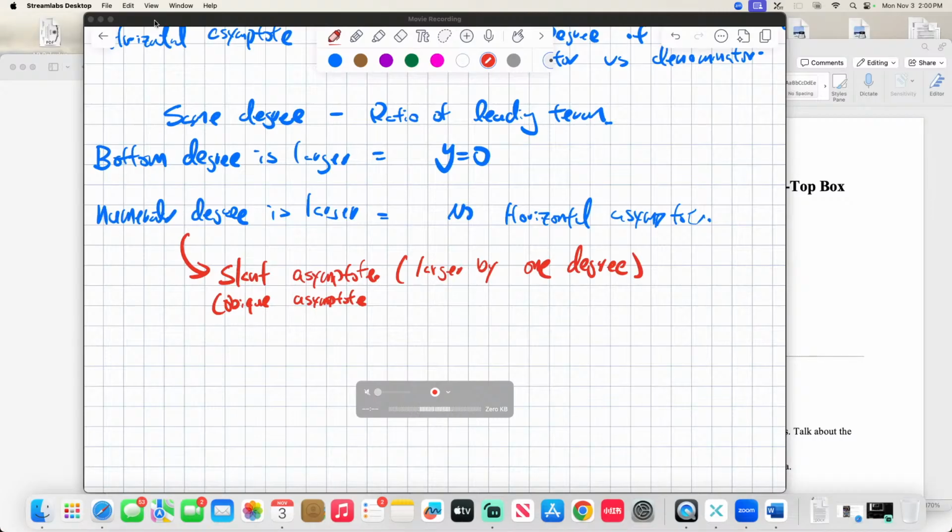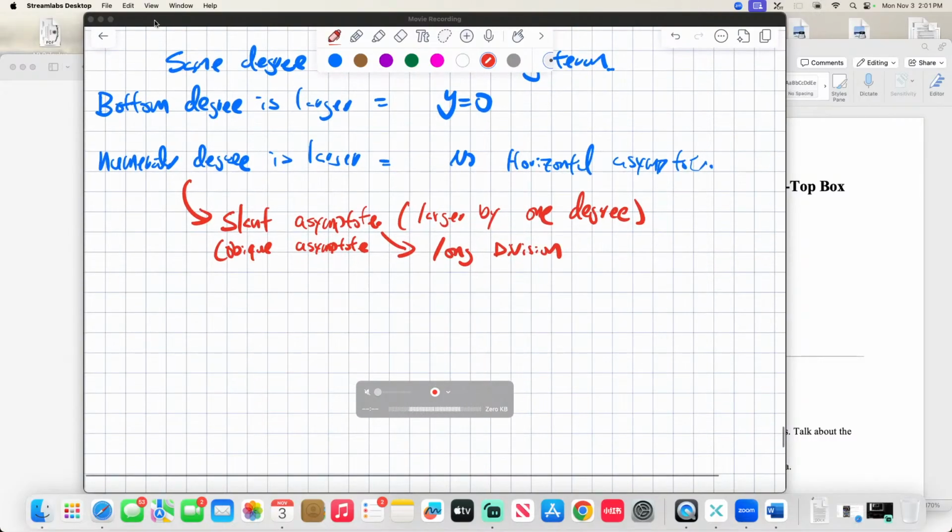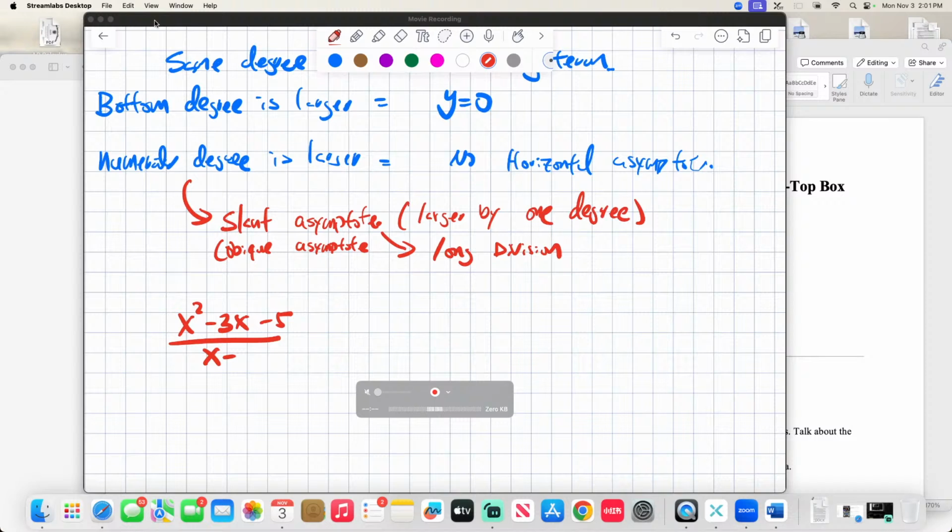But how do you find a slant? By long division. For example, I have x squared minus 3x minus 5 over x minus 1.